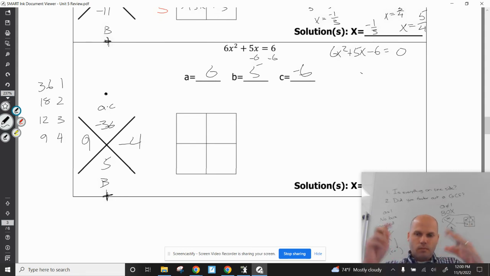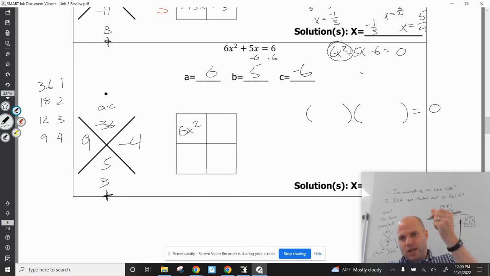Boom. This is us undoing distribution. This is us going backwards to turn standard form into intercept form. All right, but I can't just skip the box because A is not 1. I got to do all this stuff.